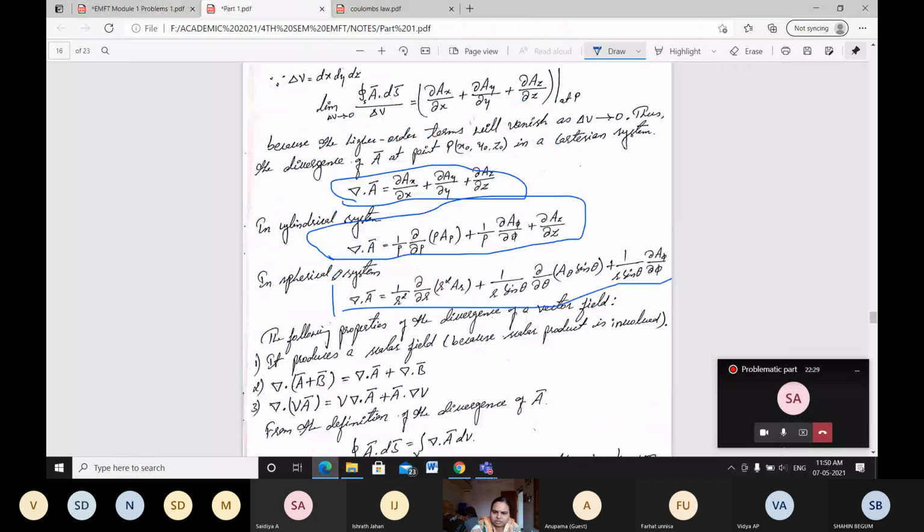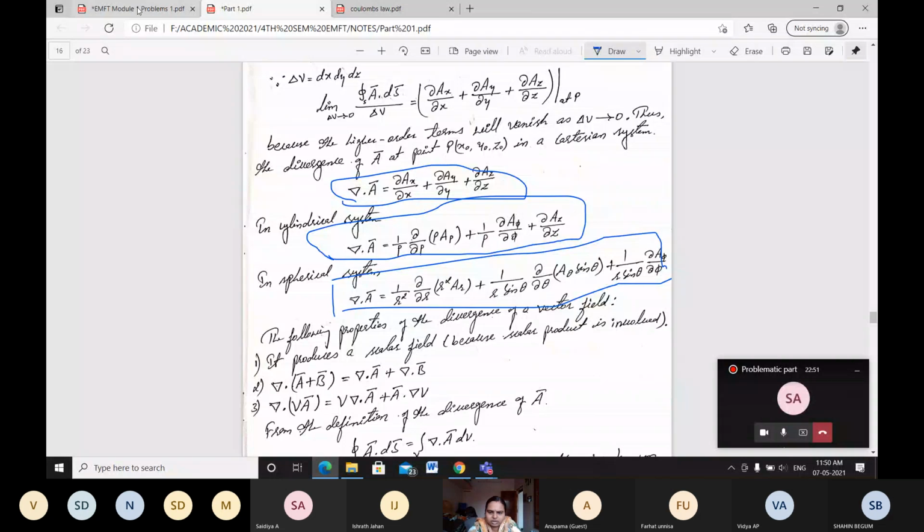You have to use the direct equation. If you know the equations, then it will be easy to solve the problem. That is 1 by r squared ∂/∂r of r squared Ar plus 1 by r sin theta ∂/∂theta of A theta sin theta plus 1 by r sin theta ∂A phi/∂phi.